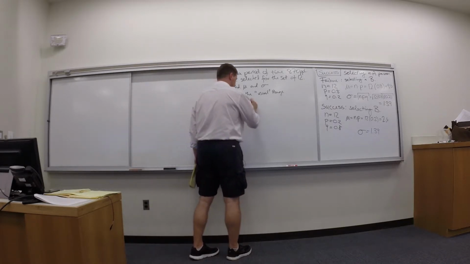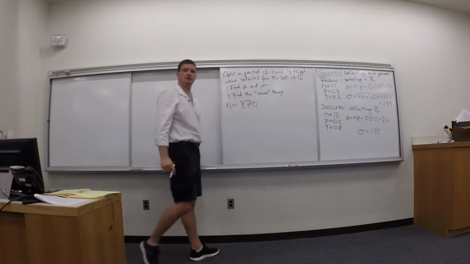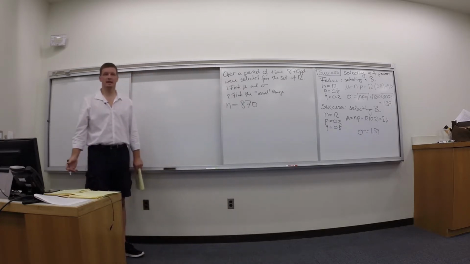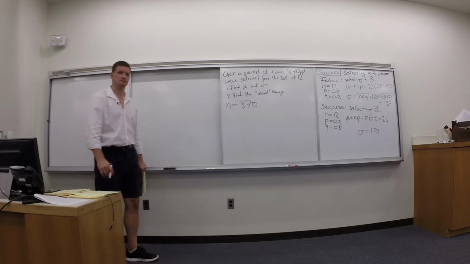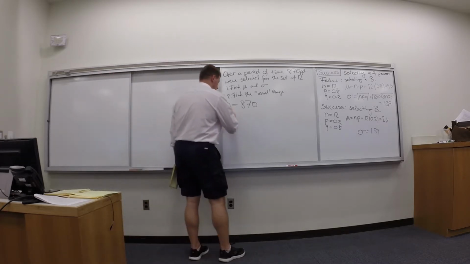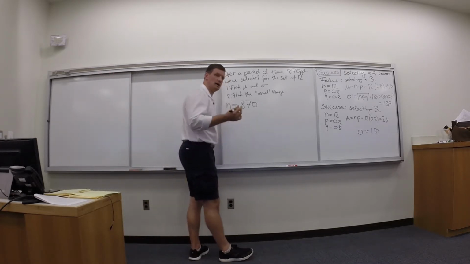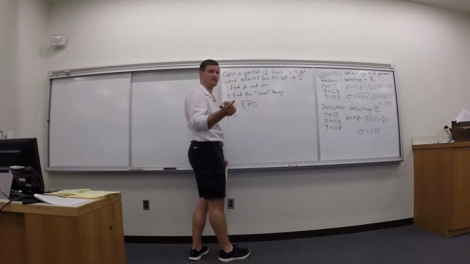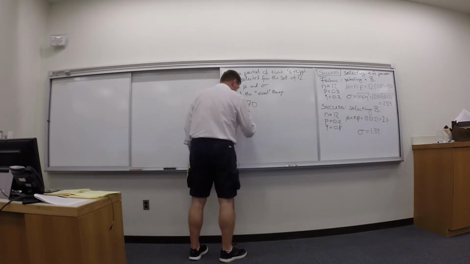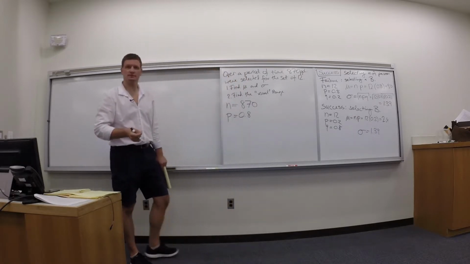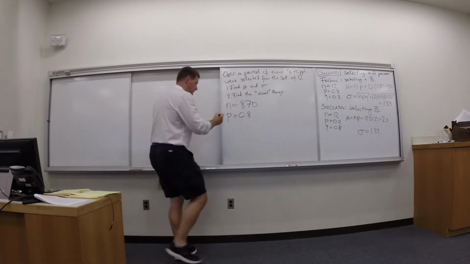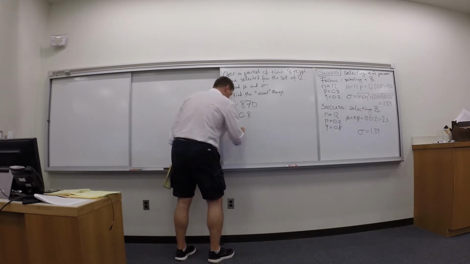The 12 is there to confuse you. We don't care that they came in packets of 12. We're looking at all the jurors being picked. P, I'm still saying this is mostly an A town, so selecting an A makes sense as a success. Well, failure is selecting a B.